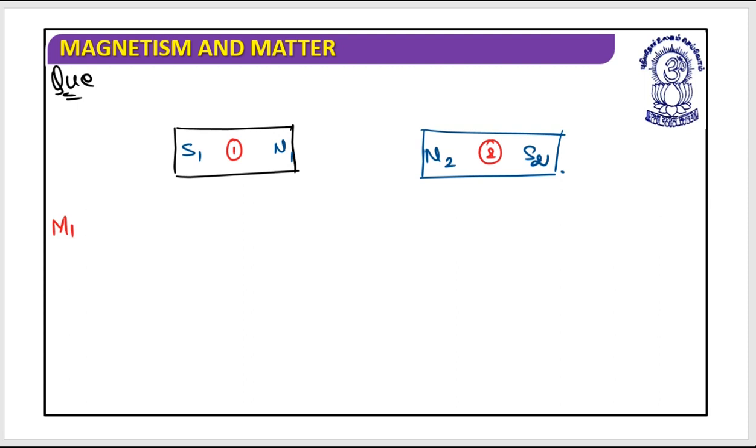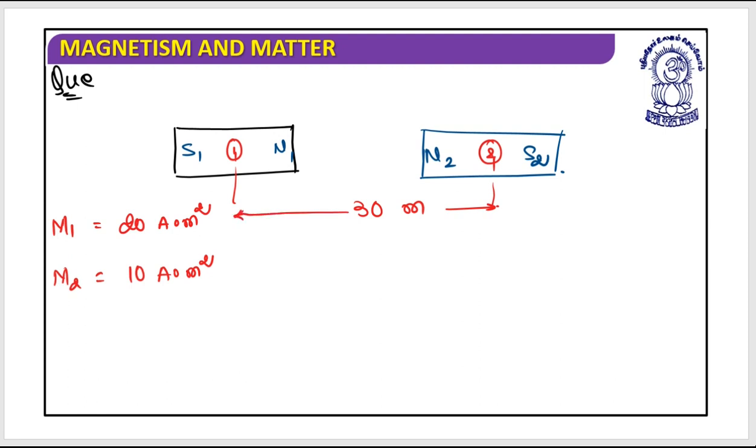M1, the magnetic moment of the first magnet, is 20 ampere meter square. And for the second, M2 is 10 ampere meter square. The distance between these two is 30 meter.